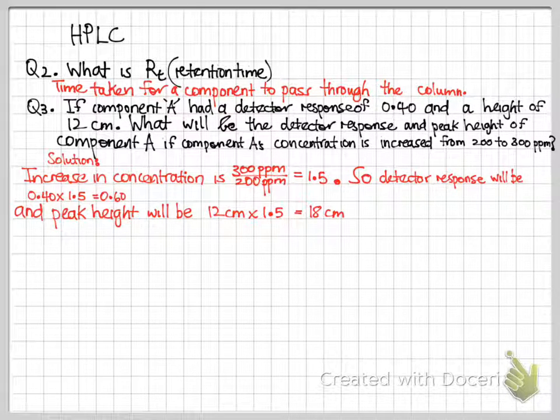Right? So if it's going to be more than 12 centimeters, we take the higher concentration divided by the smaller concentration. So 300 ppm over 200 ppm gives me a factor of 1.5. So my peak height is going to be 12 centimeters times 1.5, which is 18 centimeters.